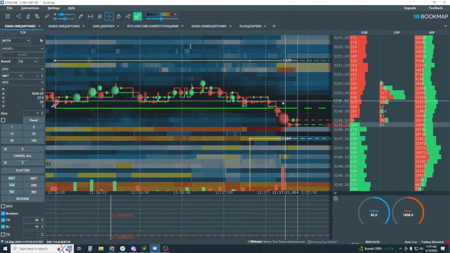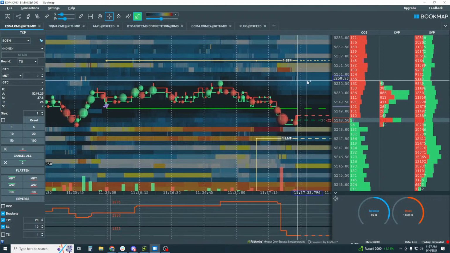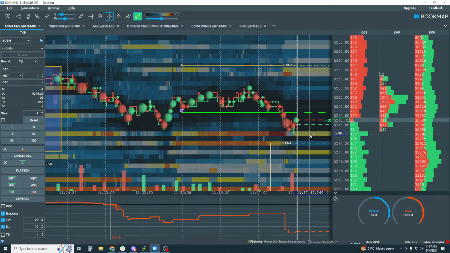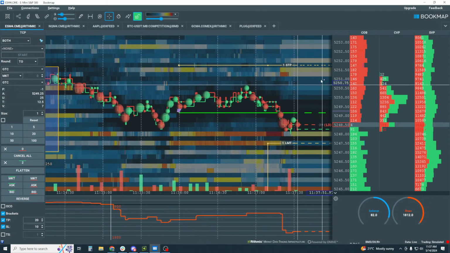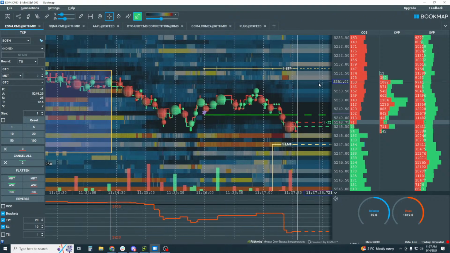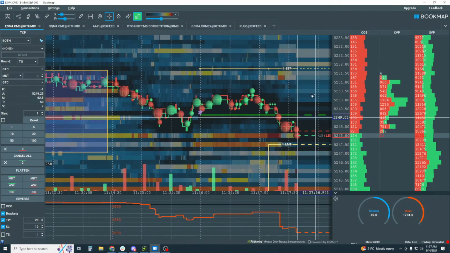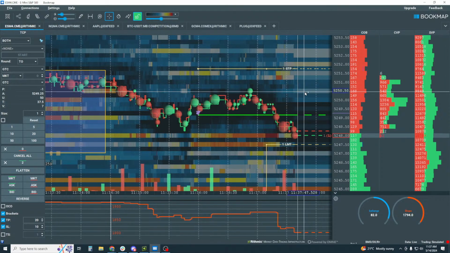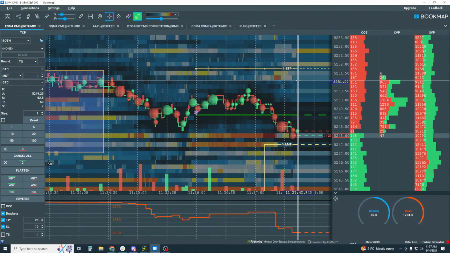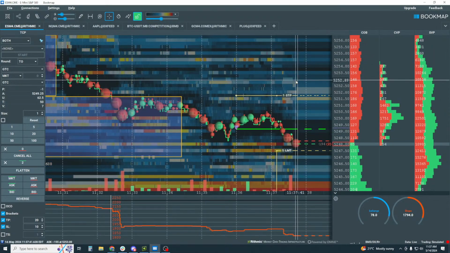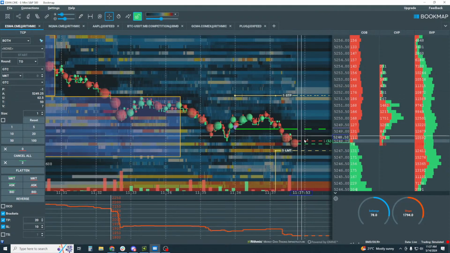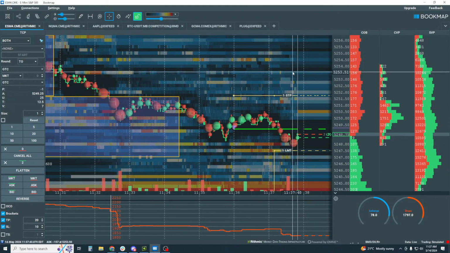They're pulling. Nice cluster of selling. And let's see if sellers can just take it a little bit further.